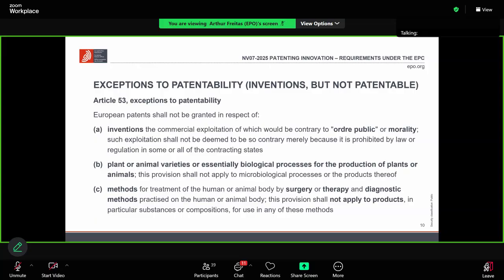So if the patent application is about a knee surgery, how you go about doing the incision, exposing your knee, in a way that would, let's say, prevent scar tissue, it might be technical, but because you're practicing on the human body, it would be excepted from patentability.